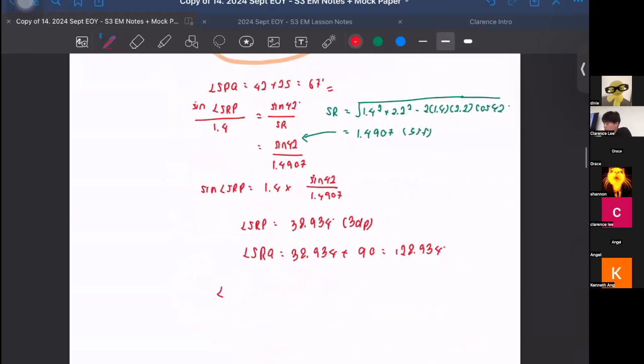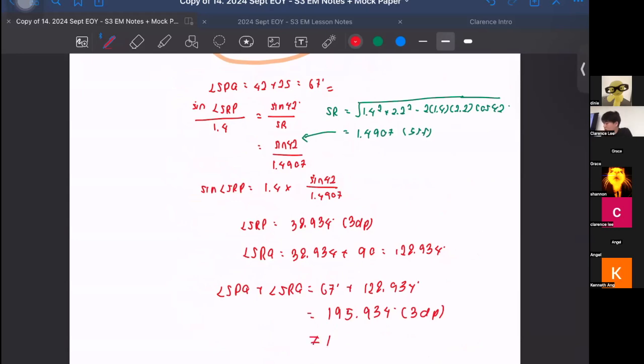You check the sum of SPQ plus SRQ, which will be 67 degrees plus 128.934. This gives me a final answer of 195.934 degrees, to 3 decimal places.